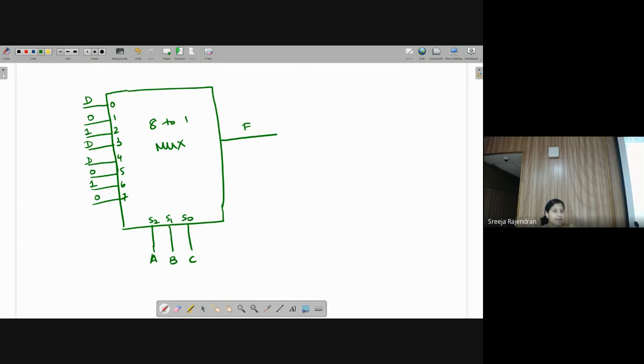So this is how we realize the given function or any given function using mux.